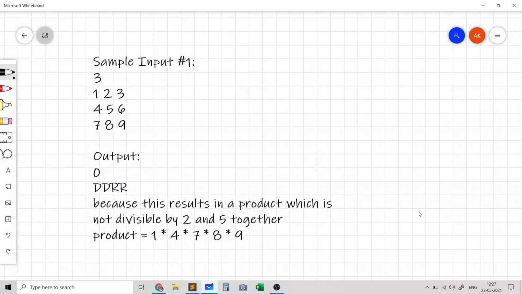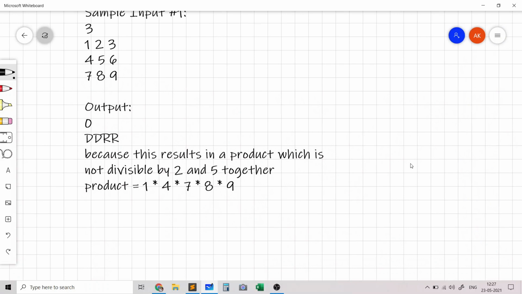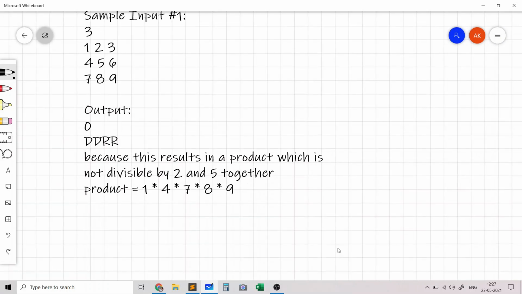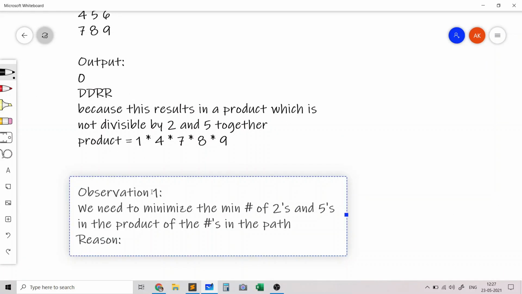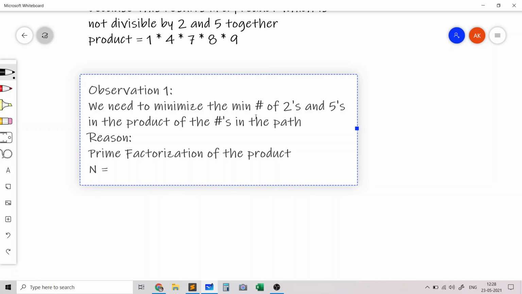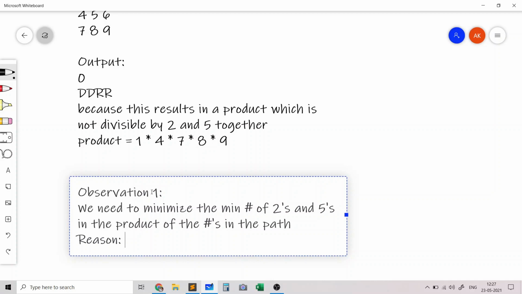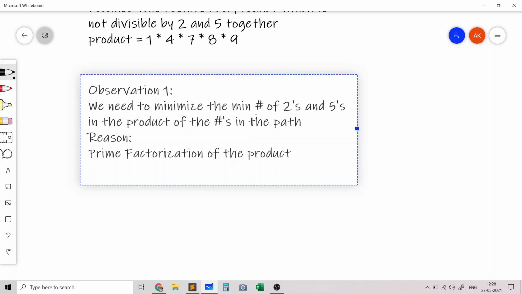And the first observation for this problem is that we need to find a way in which we minimize the number of 2s and 5s in the product. And the reason why this is true is because when we look at the decimal representation of a number, so in the prime factorization of the product, let's say that the number resulting is n.